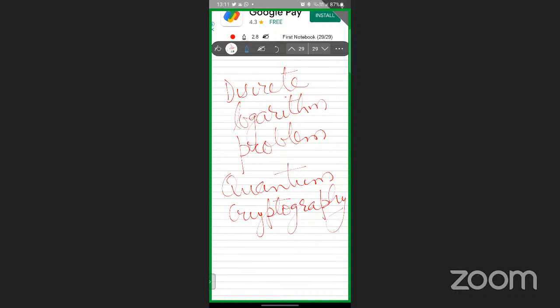So to talk about quantum cryptography, basically you should know what classical cryptography is, because you are going to extend this classical concept further. Agreed? Yes, sir.